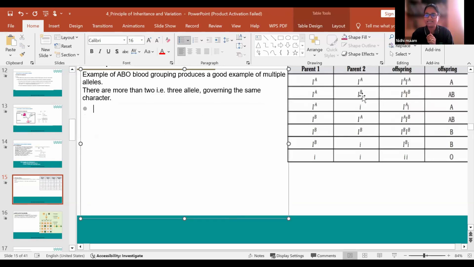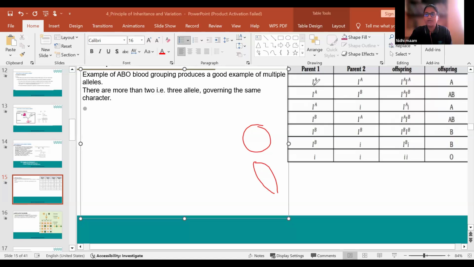Okay. So let us consider, observe this table, my dear boys and girls. Parent 1 has an allele called I raised to A. So ನಮ್ಮ blood group ಅಲ್ಲಿ ಏನಾಗತ್ತೆ ಅಂತ ಅಂದ್ರೆ, our blood group is controlled by a protein present on a plasma membrane. ನಮ್ಮ RBC, ನಾವು red blood cells ಅಂತ ಏನ್ ಹೇಳ್ತೇವೆ, ಅದರ ಪ್ಲಾಸ್ಮಾ ಮೆಂಬ್ರೇನ್ ಮೇಲೆ ಇರುವ ಗ್ಲೈಕೋಪ್ರೋಟೀನ್ ಮೇಲೆ ಆಧಾರವಾಗಿ, based on the glycoprotein present on the membrane of the RBC, our blood group will be decided.